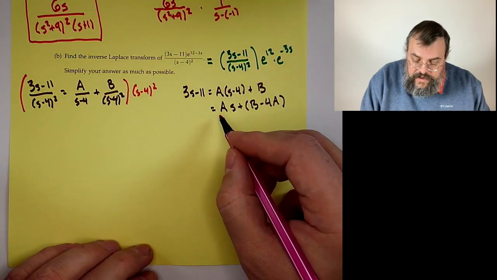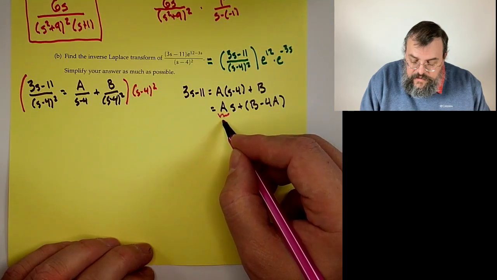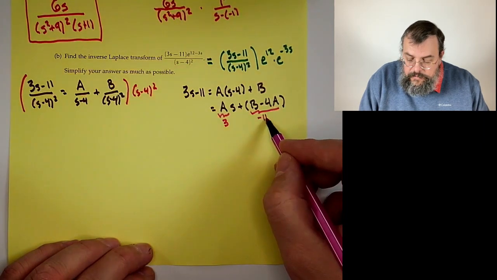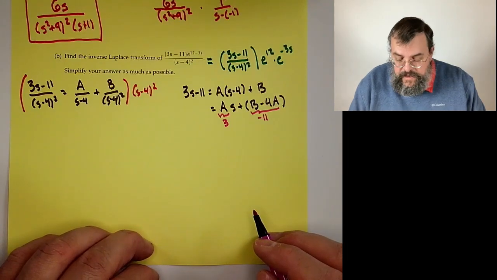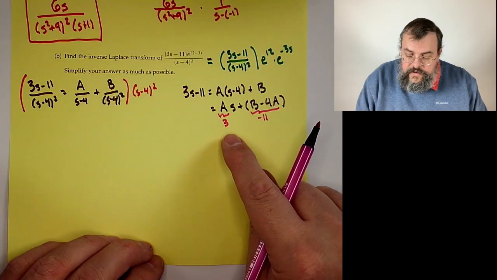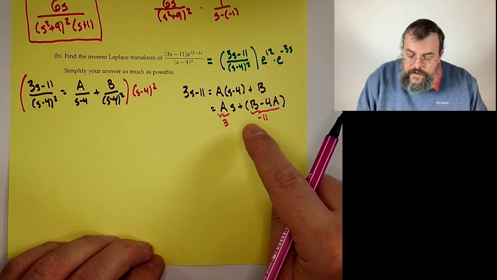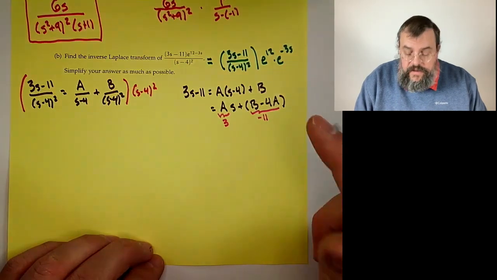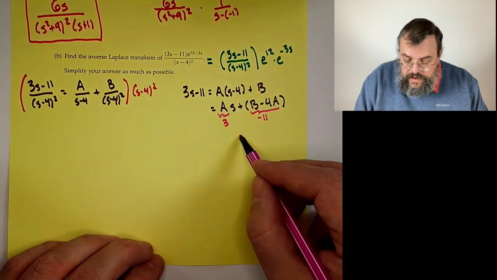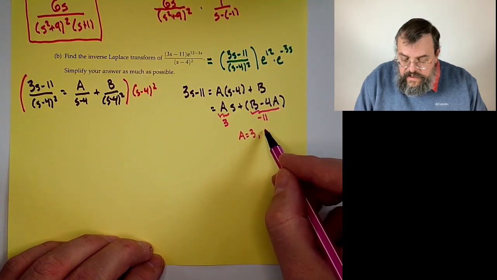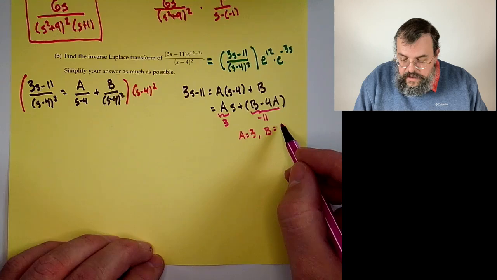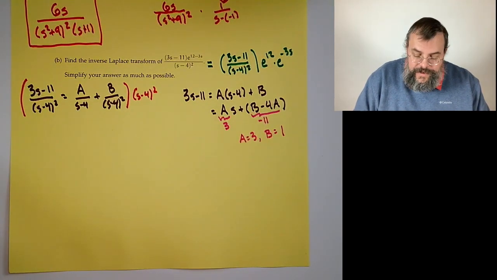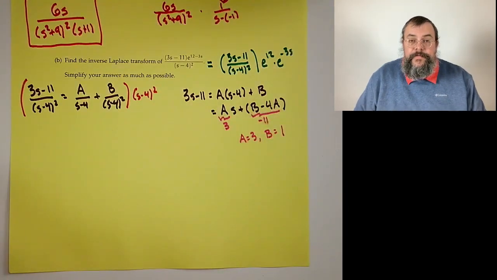So that says A has to be 3. And of course, B minus 4A equals minus 11. All right, so if A is 3, we say, well, B minus 12 is minus 11. And so we come up with the conclusion that B has to equal 1, which we already mentioned if you plug in 4 at the very beginning.